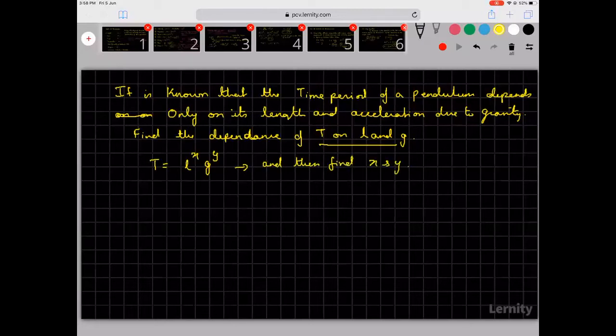Please do this. It is known that the time period of a pendulum depends only on its length and acceleration due to gravity. Find the dependence of T on L and G. That means if T is equal to L power X and G power Y, then find the values of X and Y.